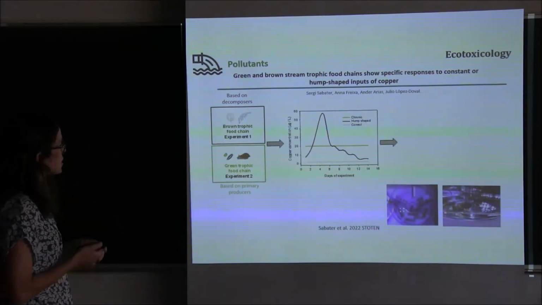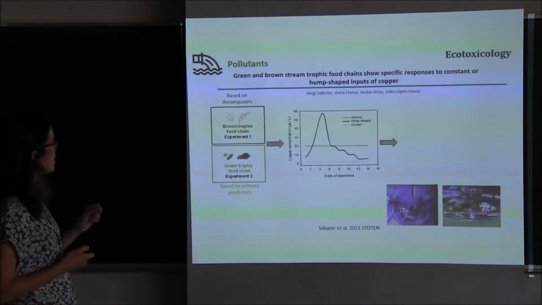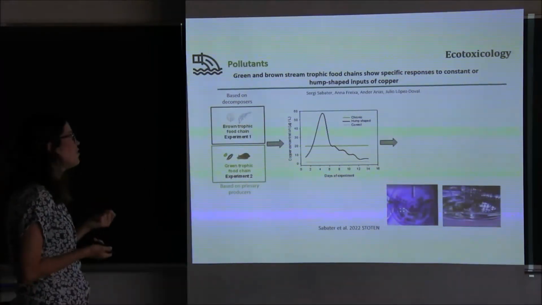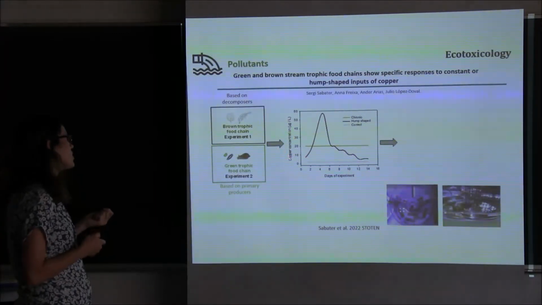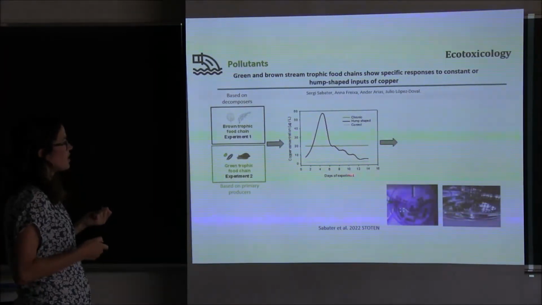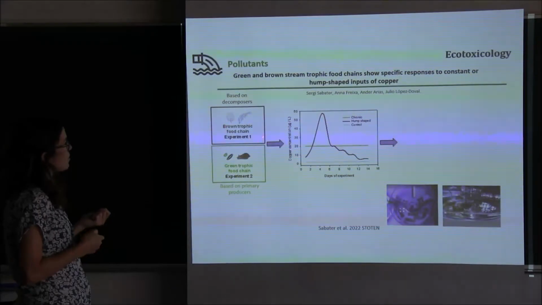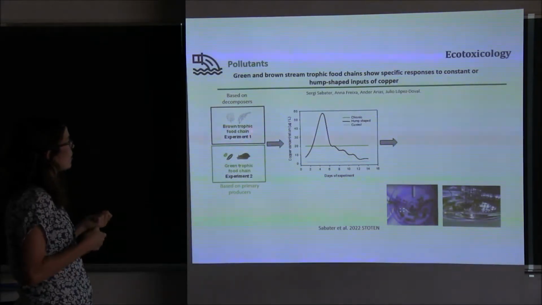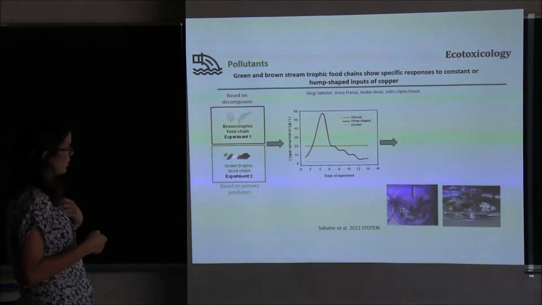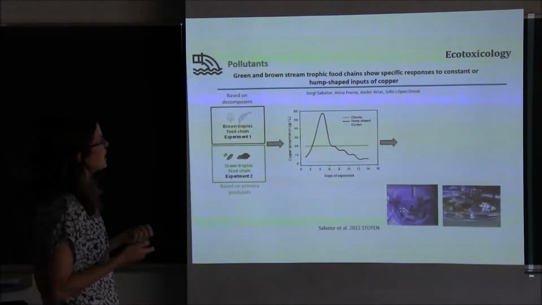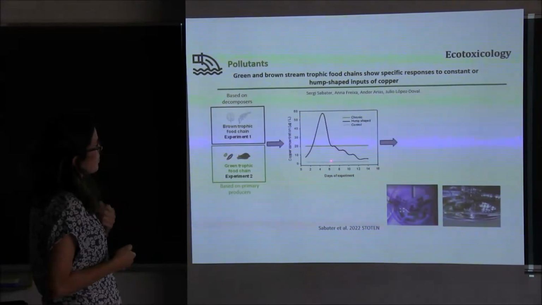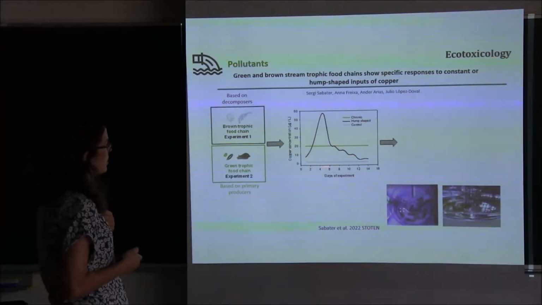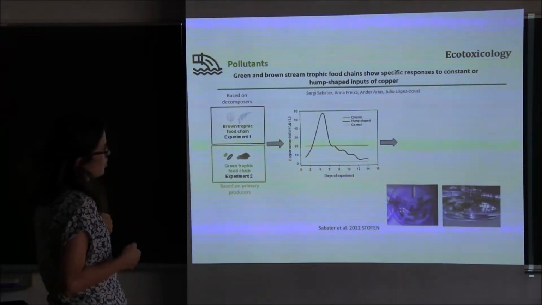Our idea in this case was to see whether copper concentrations, after some days of experiment, affect the brown trophic food chain and the green trophic food chain in the same way. And interestingly, we exposed them to copper with different patterns of arrival. The first one was a control with no copper.